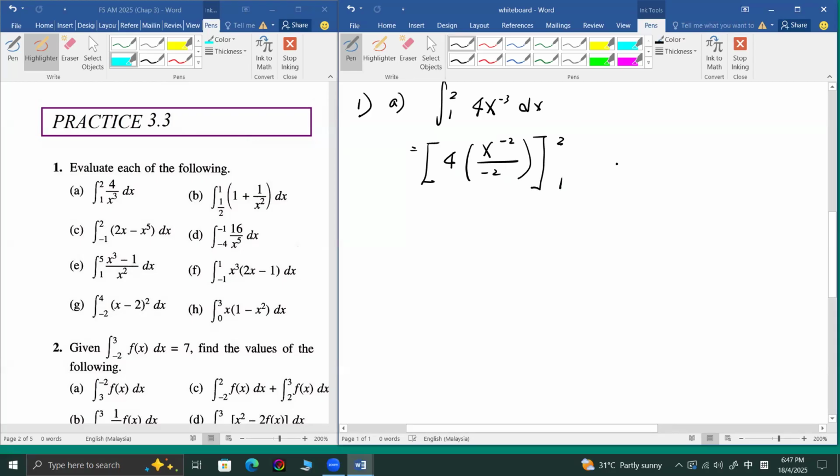If anything can be simplified, I simplify first. When I simplify, I get -2, and this one, shift it back to 1.